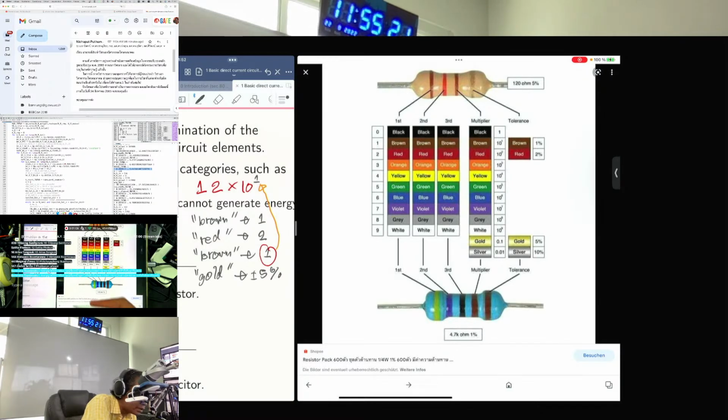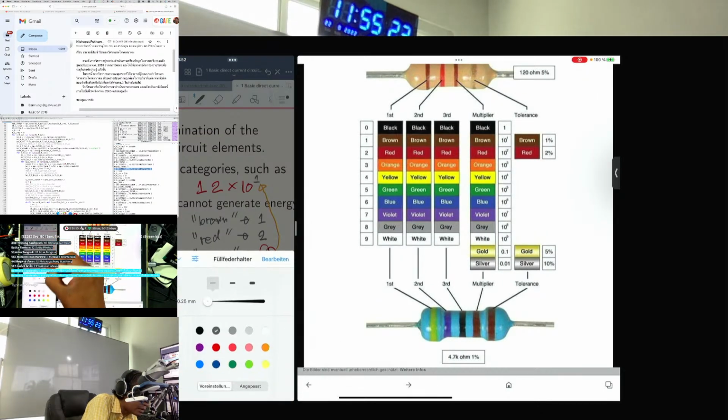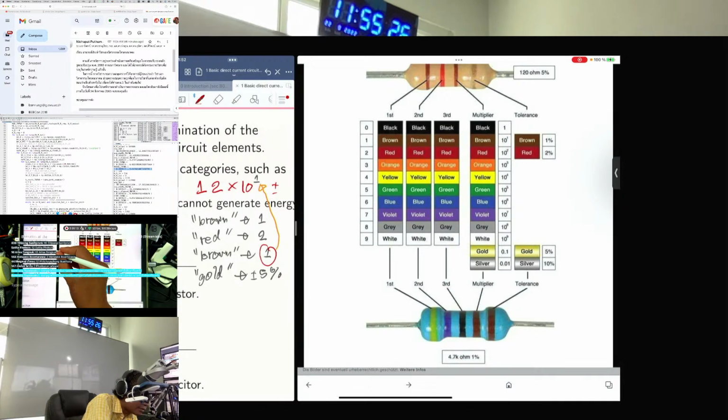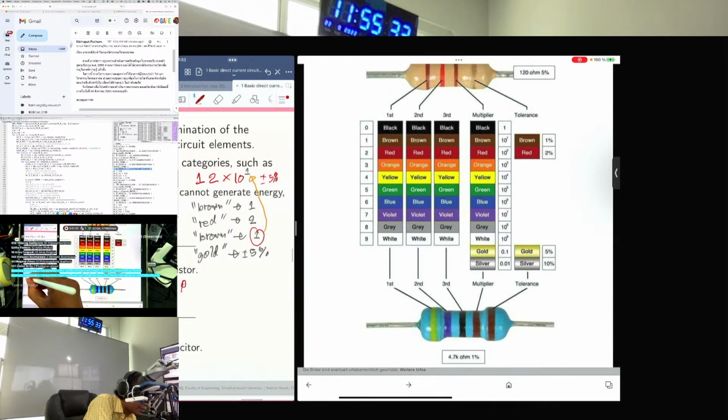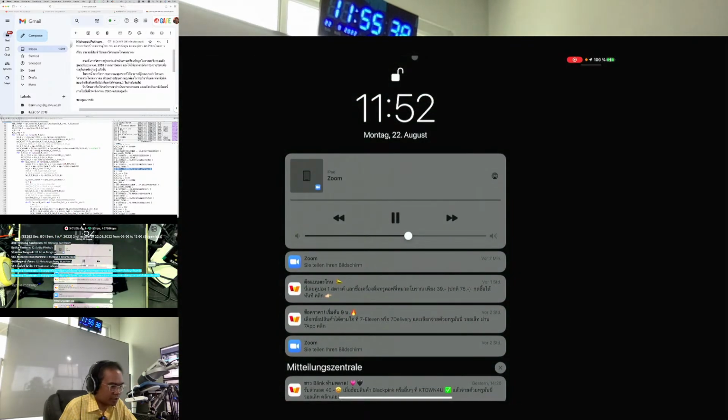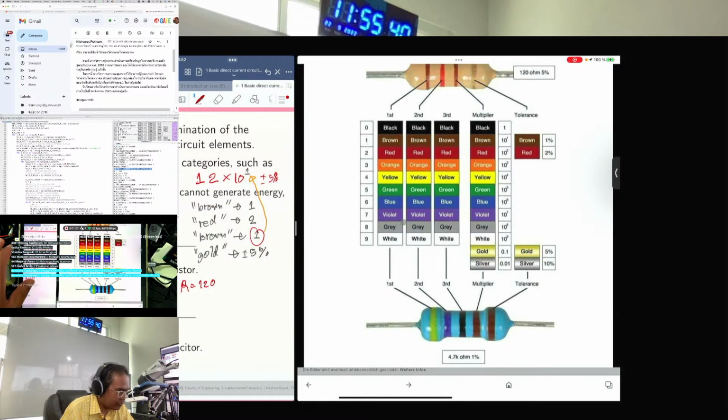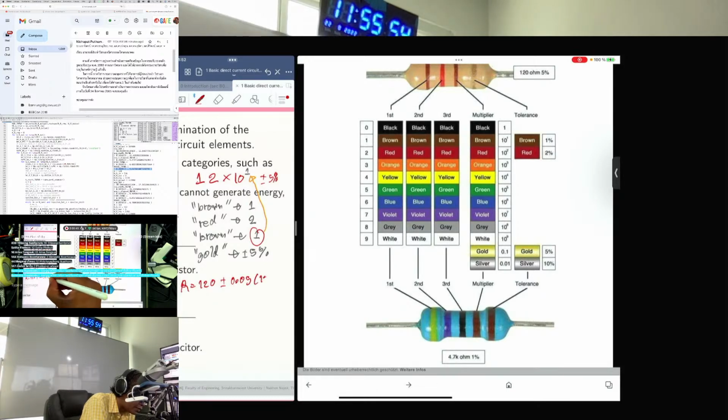So what does that mean? It means you have R will be 120, right? Because 12 times 10 to 1 is equal to 120, and plus minus 5%, plus and minus 0.05 of 120.